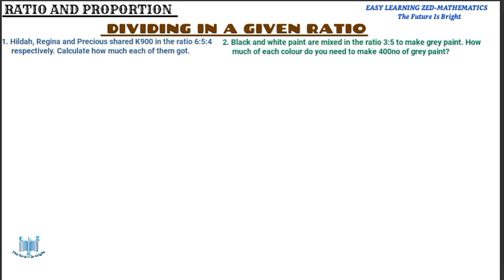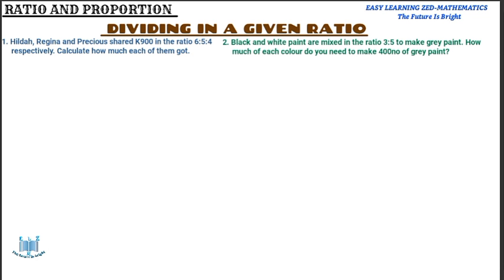So Hilda, Regina, and Precious shared 900 in the ratio 6:5:4, respectively. The word respectively means in that order.